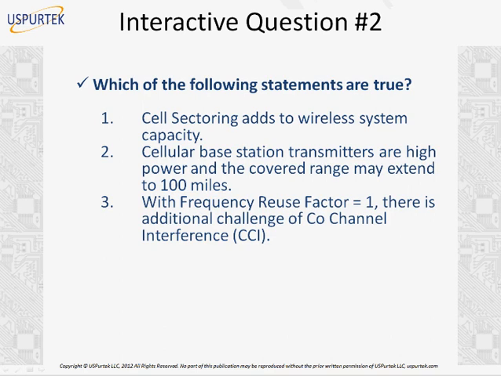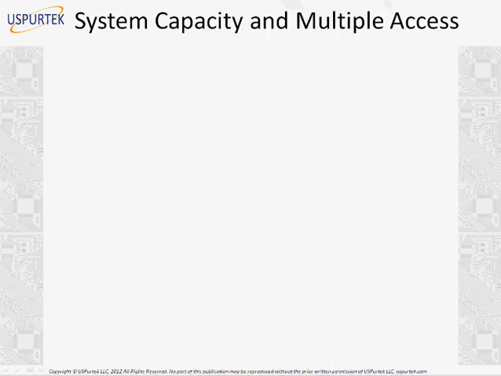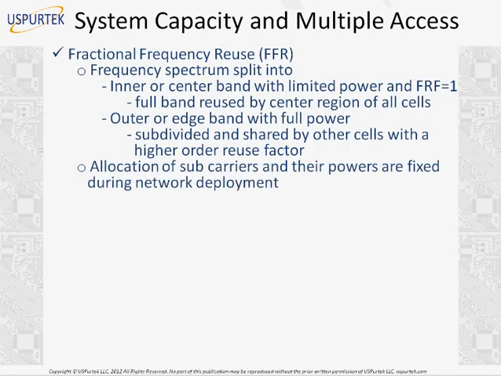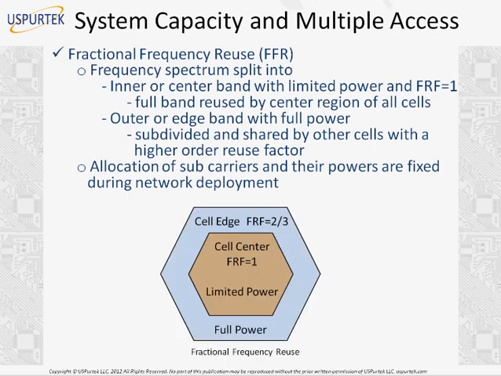Every cell will have the full frequency spectrum allocated, so each adjacent cell will repeat that frequency, and you will have multiple signals coming from different base stations. That will cause co-channel interference. I hope I answered your question. Yeah, if we use n equal to 1, we'll have co-channel interference because we are repeating a frequency in the adjacent cells. Okay, very good.